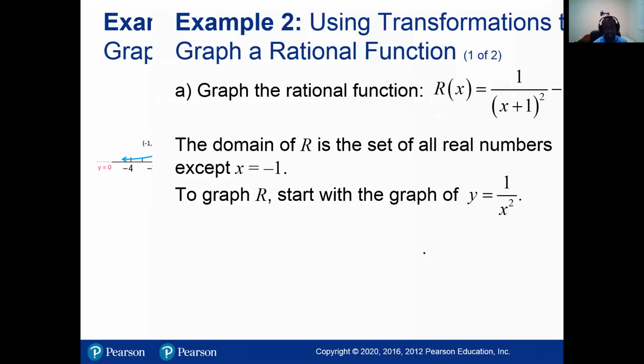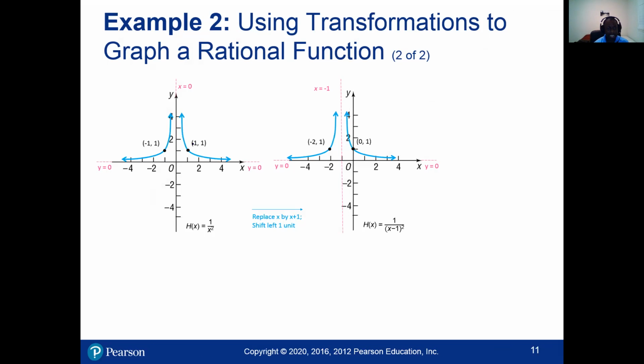Okay, so what happens? As we said, this graph will contain the points (1, 1) and (-1, 1). This is the graph of 1 over x squared. Now we're going to shift it to the left 1 unit. So the vertical asymptote will move to the left. It will come to the line x equals -1.